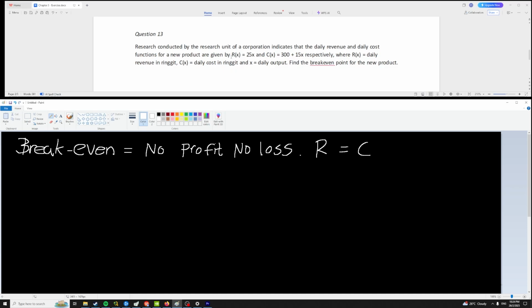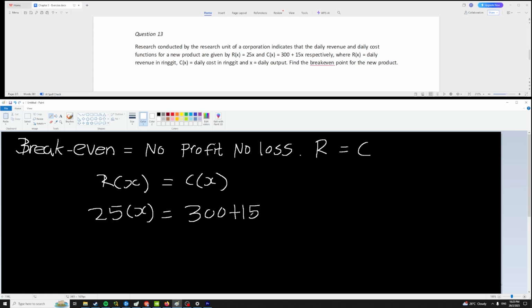We are given the equation: revenue is 20x, cost is 300 plus 15x. So your Rx is the same as your Cx. Therefore your Rx is 25x, and your cost is 300 plus 15x.